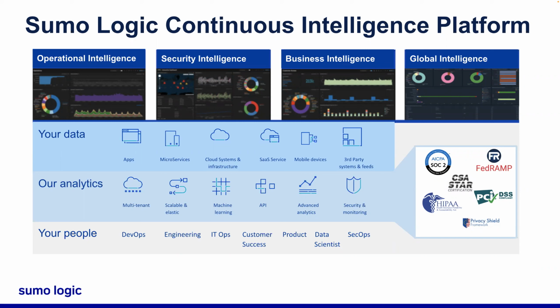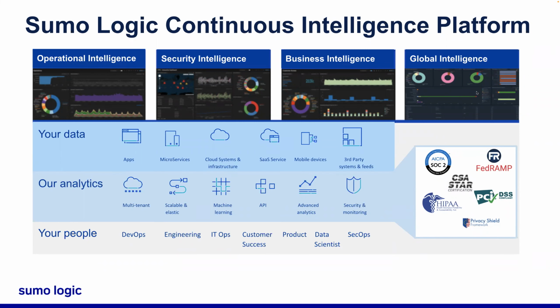Security intelligence: do you want to look through logs and see who logged in, when they logged in, did they log in multiple times from the same place? Is that a security issue? That can be done through Sumo. Business intelligence: how many widgets were ordered, when were they ordered, was there an increase in orders? Things like that. And then global intelligence, your company or your organization on a global scale compared to other regions.